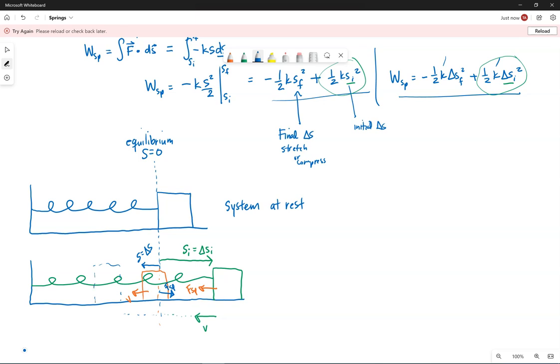And then the spring will push it in the opposite direction, keep pushing on the right, and the mass will speed up to the right.